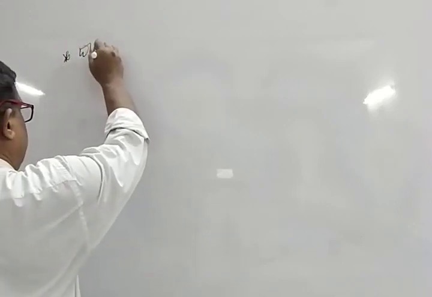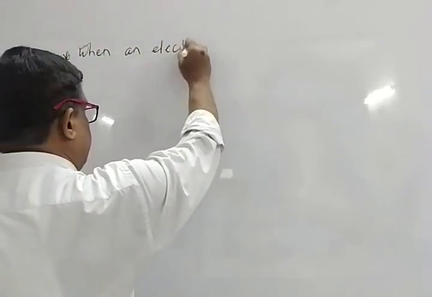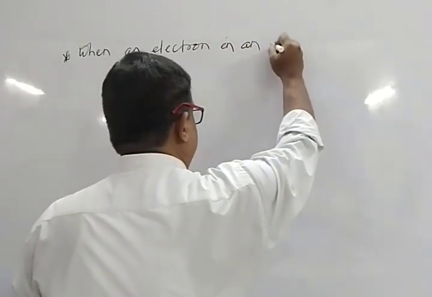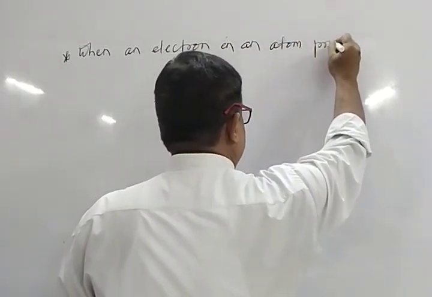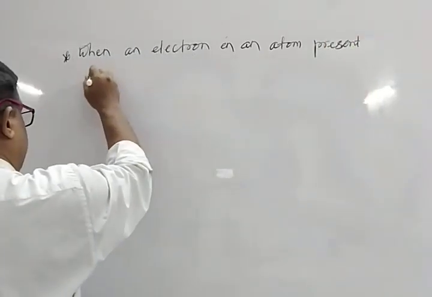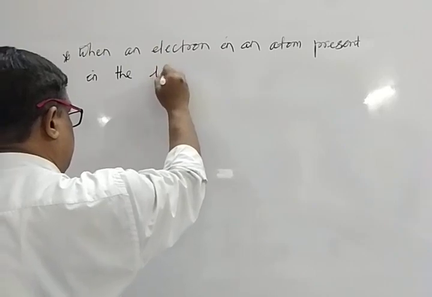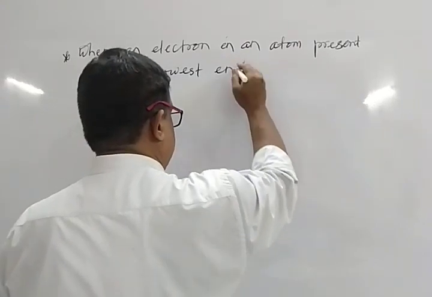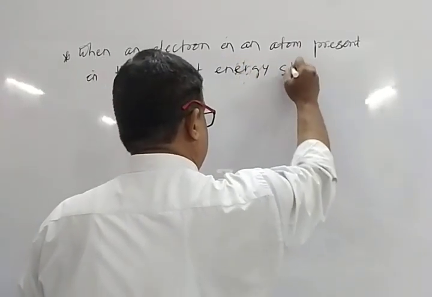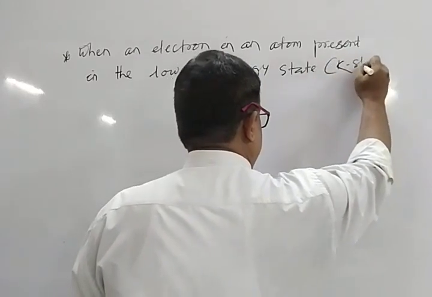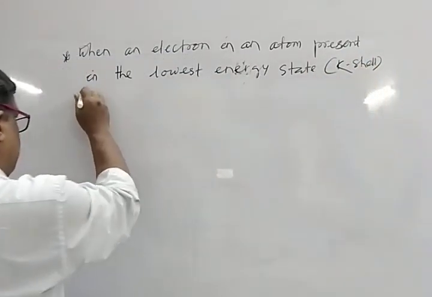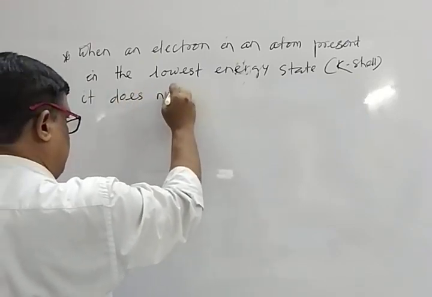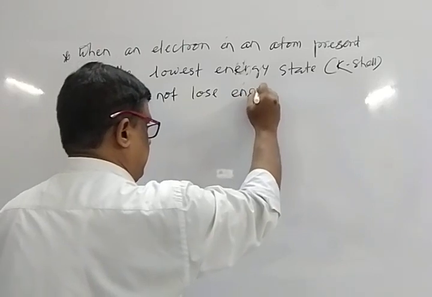Next point, note it down: when an electron in an atom is present in the lowest energy state, that is the K shell, it does not lose energy.